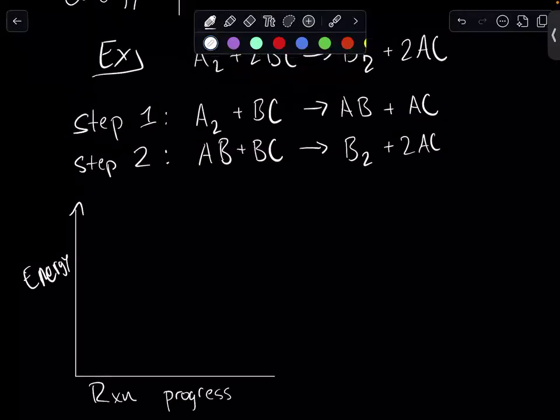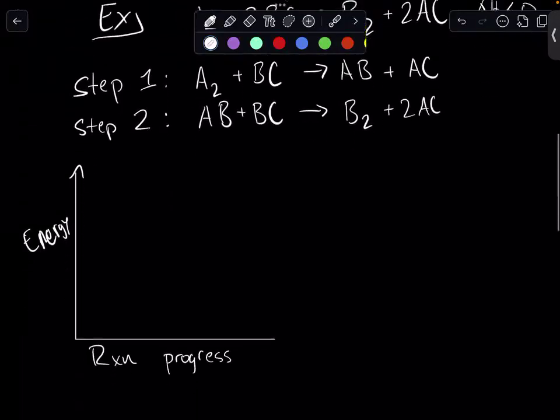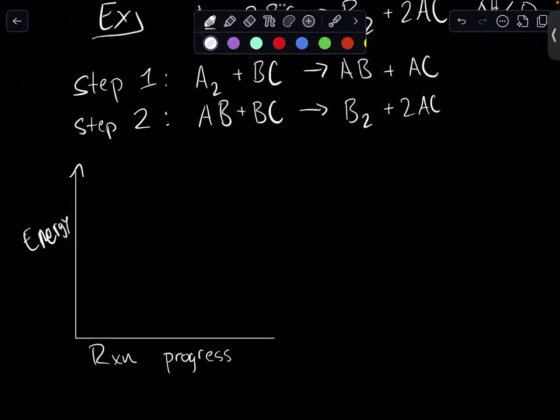Now, we'll say the whole thing has a delta H that is less than zero, so we'll say that this is exothermic. So we'll do our step one, step two, and then we'll end down here.